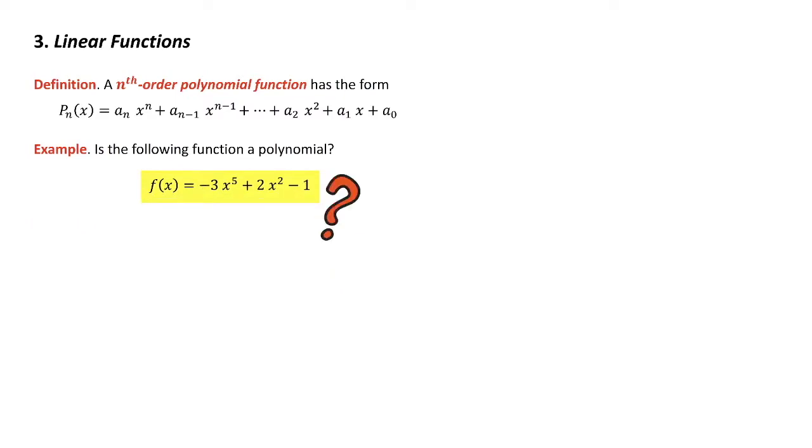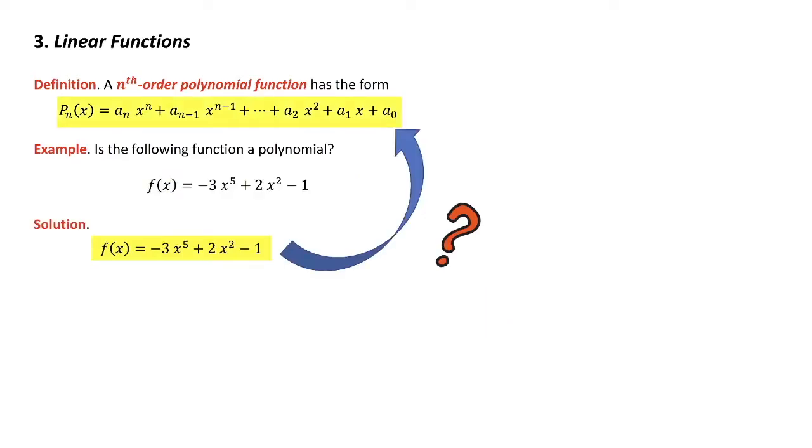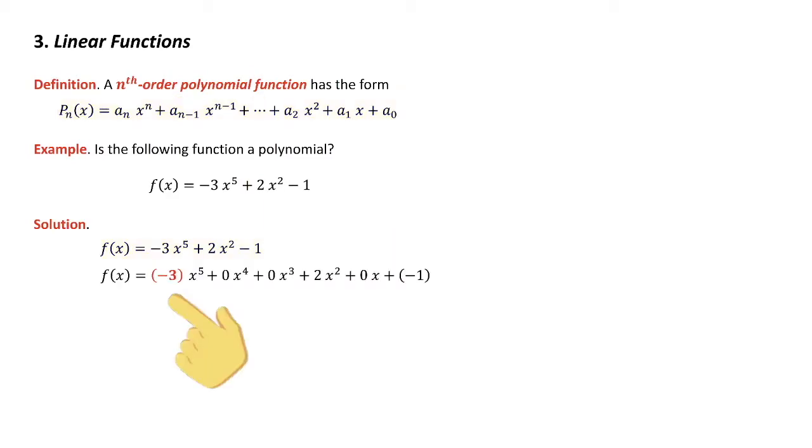How about that one? Pause the video, see if you can. Is this a polynomial? Yes or no? Not a guess, you should know. Okay, let me jump in. It's the same idea again. Can I put it in this form? Well, minus 3 is the constant, x to the fifth. Now I need 0 because I need an x to the 4, so 0 is the coefficient there. 0 in front of the x cubed, I have 2 on the others I can get.